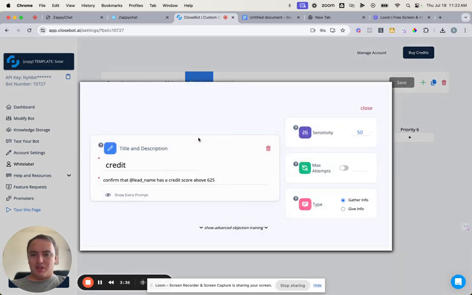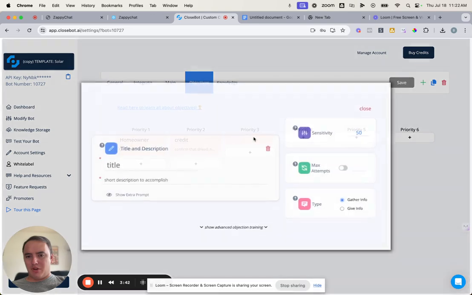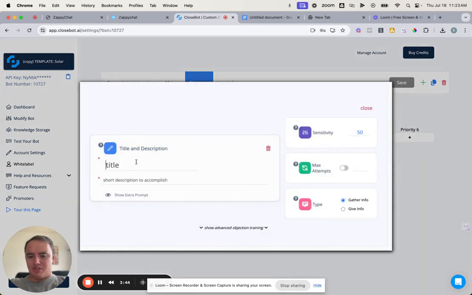The next one is confirm that they have a credit score above 625. And then you could just add another priority and type it in, like book appointment, and then book a 30-minute appointment with lead name.